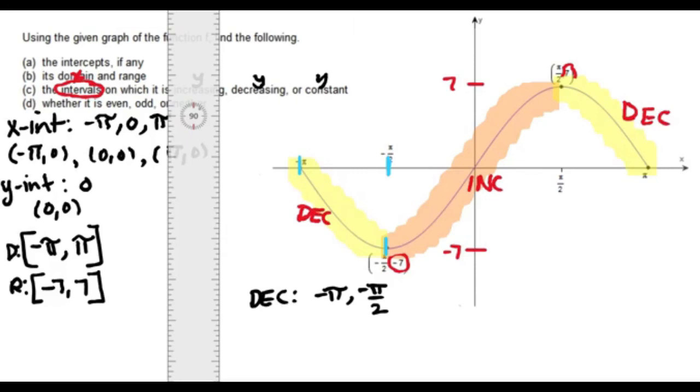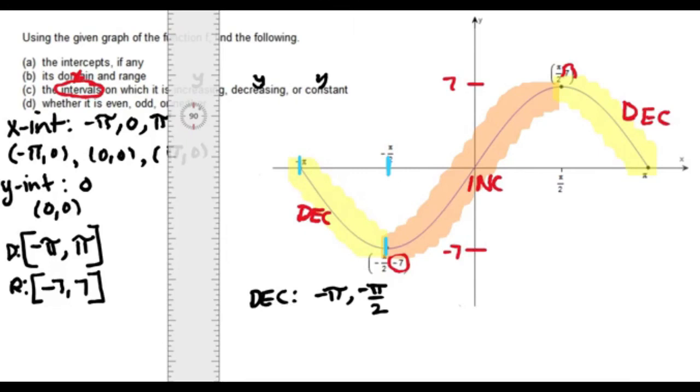One of them allows for the endpoints to be included, and the other one doesn't allow for the endpoint to be included. So you need to pay attention to whatever definition is used in your book to decide whether you're going to put parentheses or brackets on these endpoints.